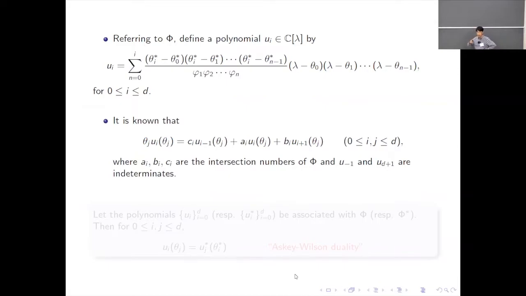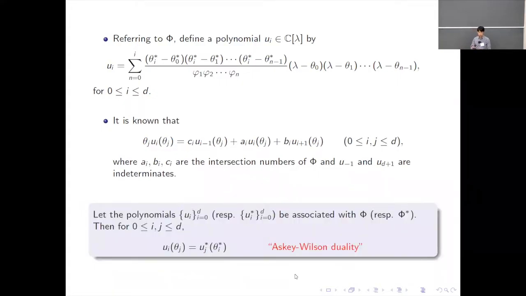When we evaluate this polynomial u I at theta j, where theta j is the eigenvalue sequence of the Leonard system, it satisfies these three-term recurrence relations where C I, A I, B I are the intersection numbers of the Leonard system Phi. So as you see here, we obtain the polynomial u I from the Leonard system Phi. Similarly, we can also obtain the polynomial u I star from the dual version of the Leonard system, Phi star.